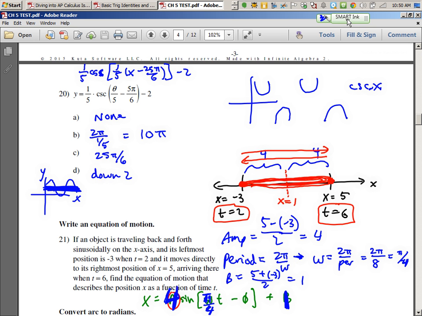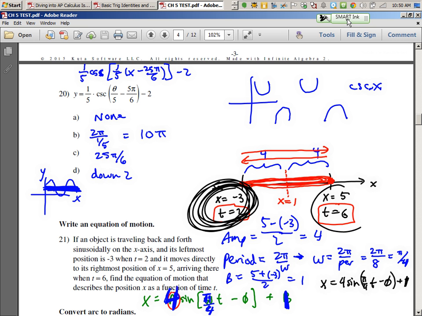This leaves us with one last question. What is phi? And for that, there's no formula. To get the model complete, you need to start with the fact that x is equal to 4 sine of pi over 4 times t minus phi, plus 1. And you need to plug in one data point. You can use this set of data or this set of data.